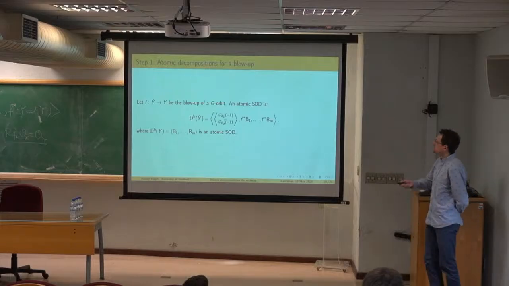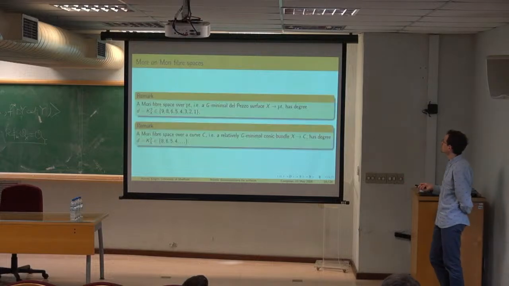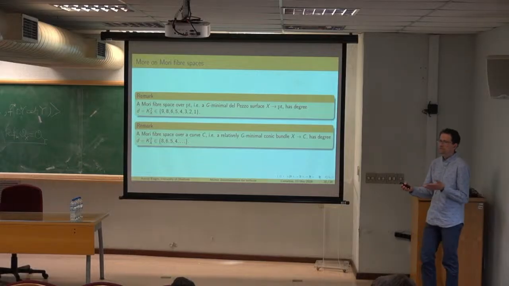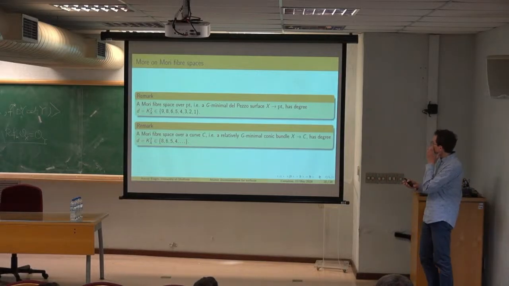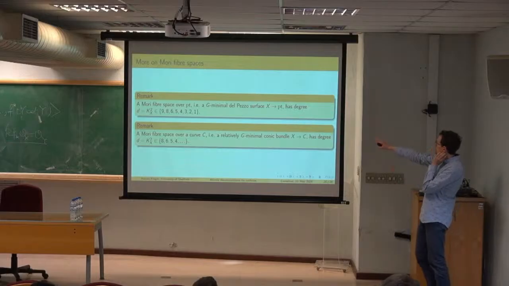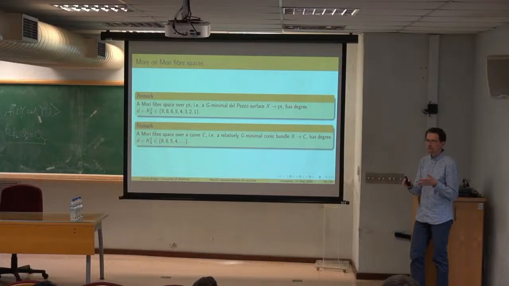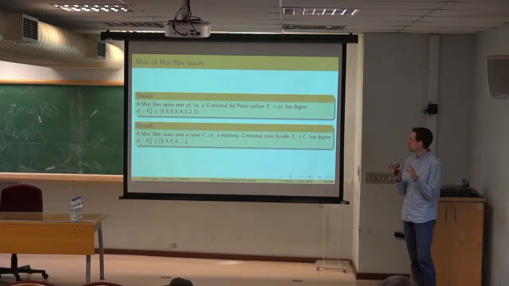Now we need to understand what the atomic decompositions are for the minimal surfaces. And there are three types of minimal surfaces. Surfaces with K_X ample, del Pezzo surfaces, which under a group action can be del Pezzo surfaces of almost any degree. They are not minimal surfaces, but when a group permutes the -1 curves sufficiently well, they become G-minimal.